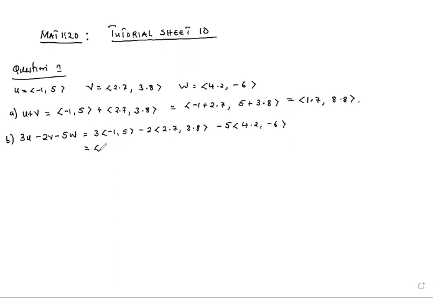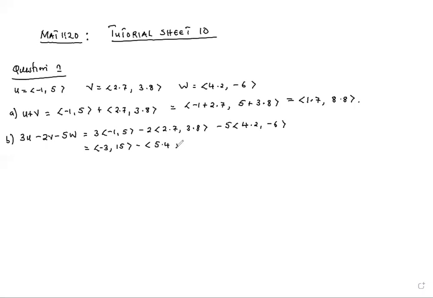You take inside, you get (-3, 15) minus... 2.7 by 2, let me use the calculator, 5.4.